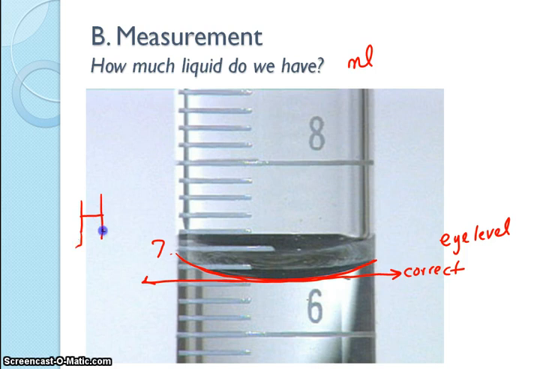Let me finish my cylinder there in order to read it. And so looking at this, again, we're only able to read according to the precision of our graduated cylinder. So this one, you would say this is about 6.6, and it probably goes a little bit above.